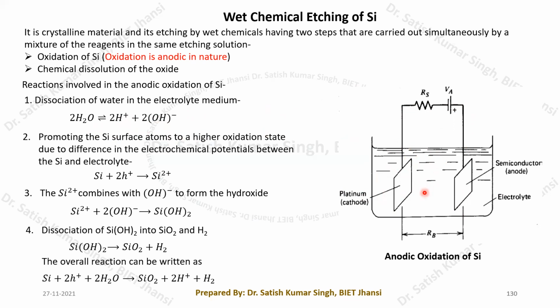If you remember electrolytic cells, for example, you might have studied that with sodium chloride as the electrolyte, when we pass the current, sodium chloride dissociates into sodium and chlorine ions.